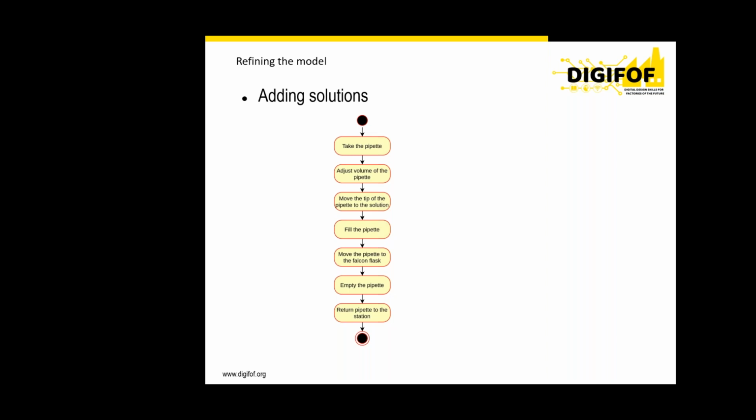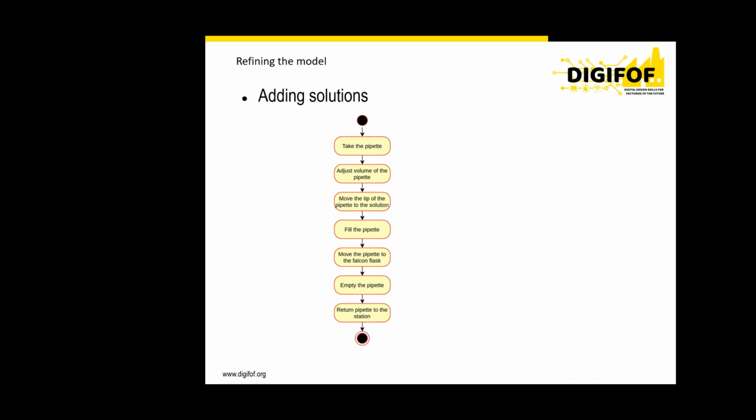Then adding solutions. Handling the pipette with a robotic arm is not as straightforward as you may think. Automatic pipettes are designed to be used with the thumb, and volume adjustment is usually mechanical.